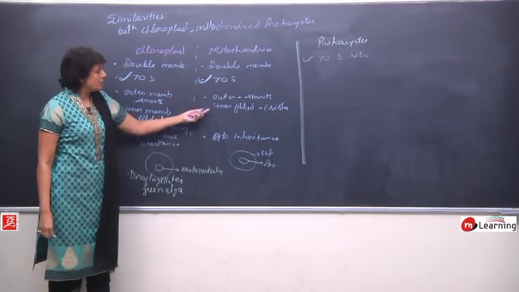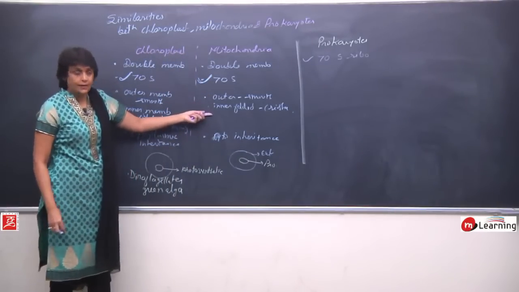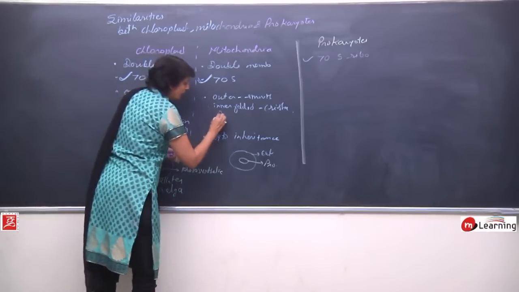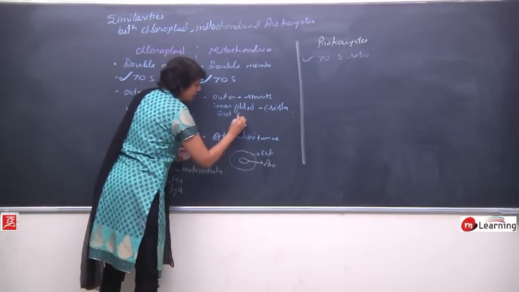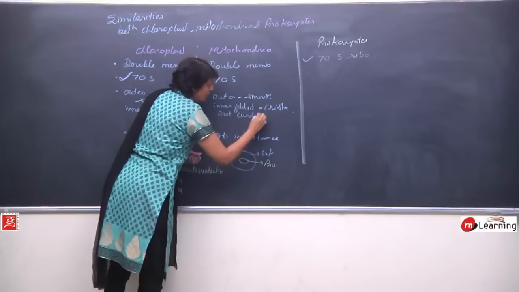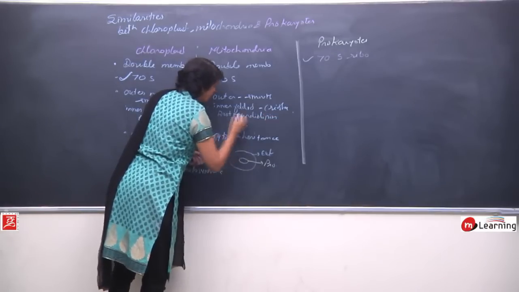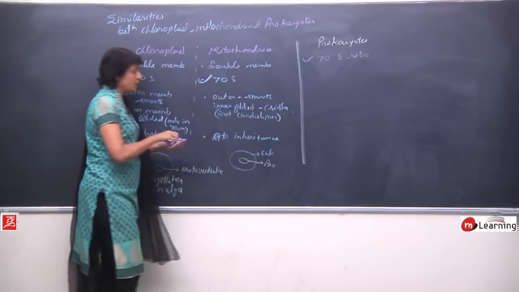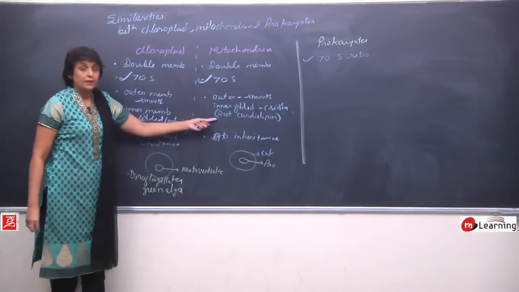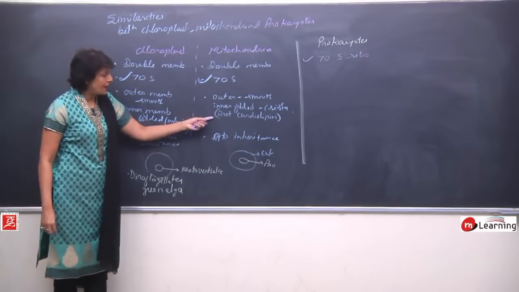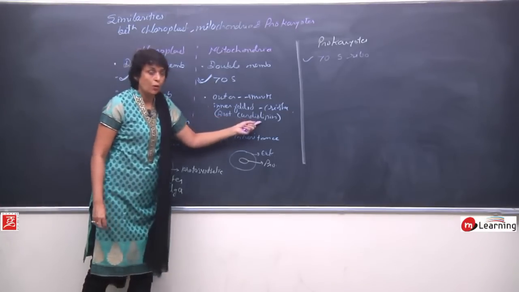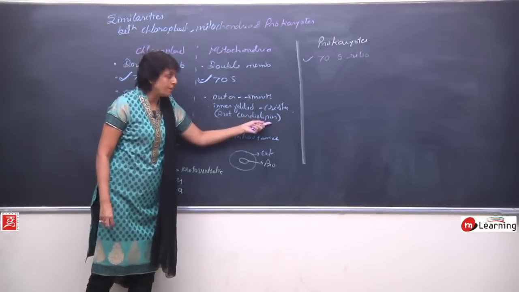In the mitochondria inner membrane, there is a protein called cardiolipin. We have talked about this when we were doing the structure of mitochondria. The inner membrane of mitochondria has cardiolipin.